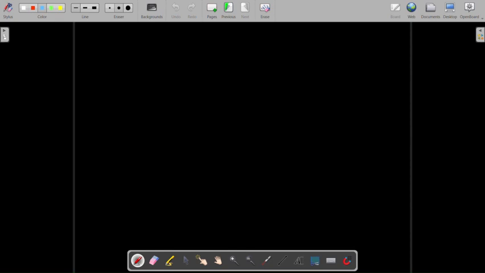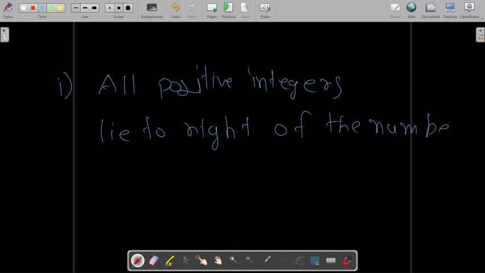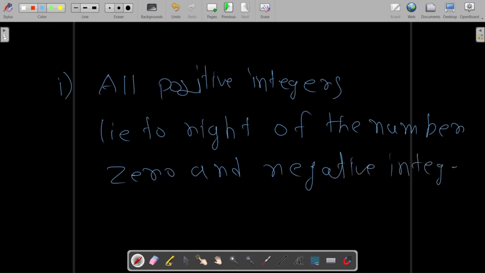Now some important notes. All positive integers lie to the right of 0, and all negative integers lie to the left of 0.